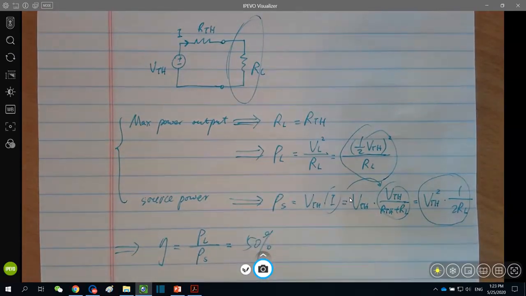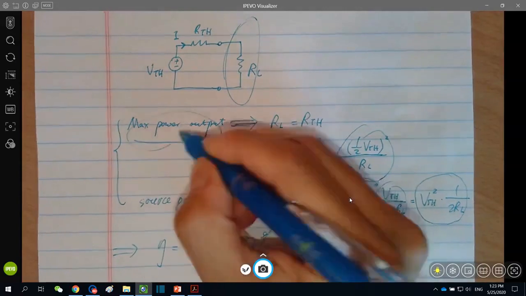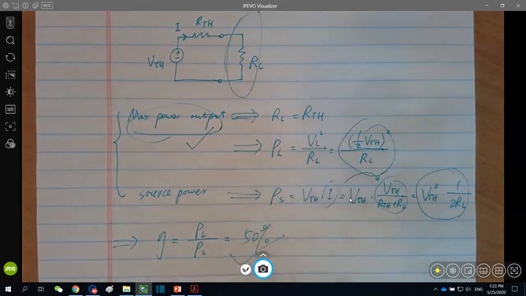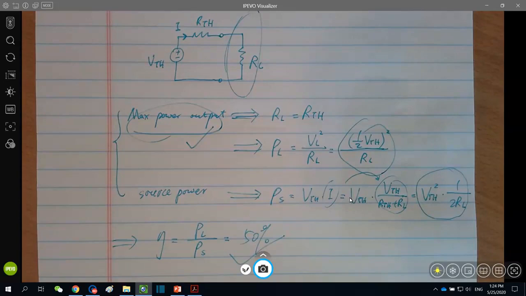So the conclusion, repeated again, is that when you achieve the maximum power output, you're only receiving 50% efficiency. There's no free lunch. You're basically achieving one goal by sacrificing another one, because 50% efficiency of power is terrible, as you know.